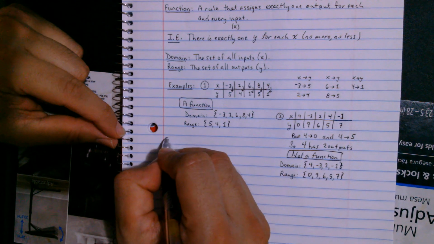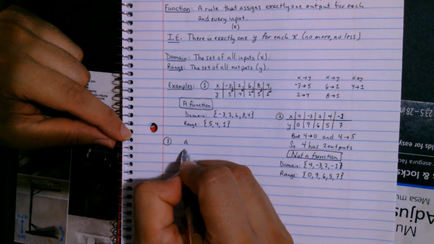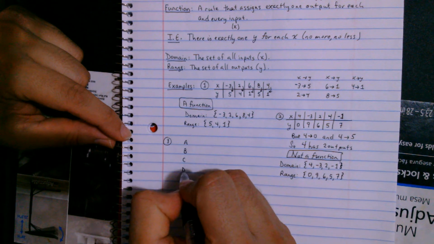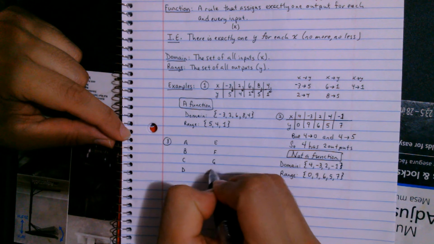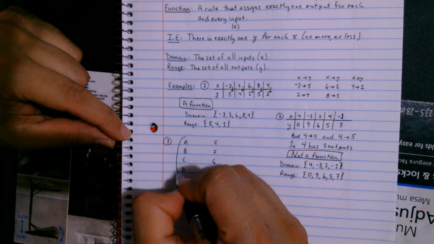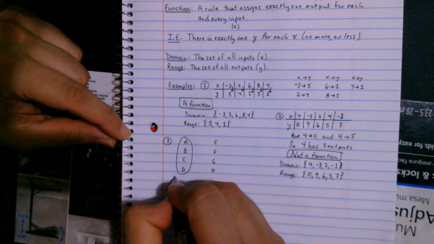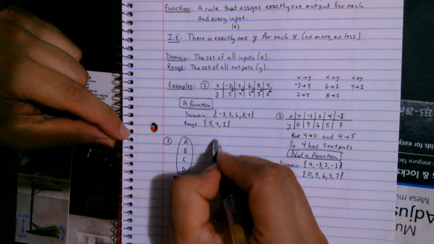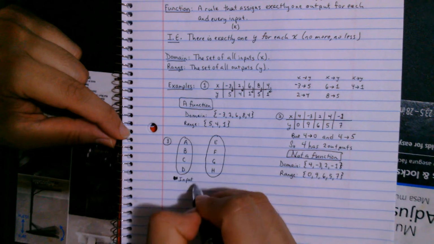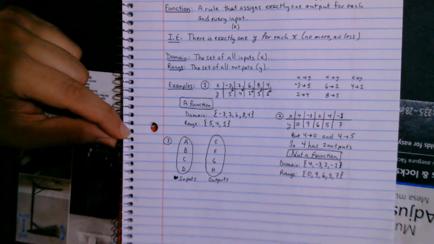So example 3. Let's do something like this. Let's put the set in a circle. So inputs, and we'll call the second circle outputs.